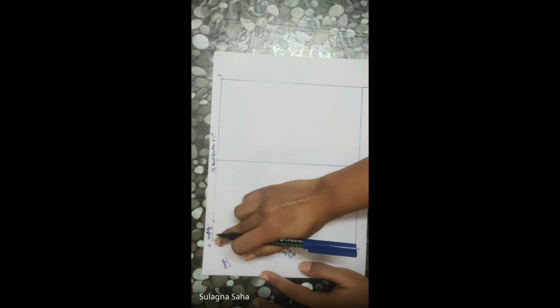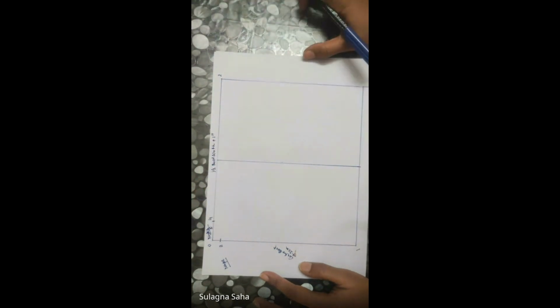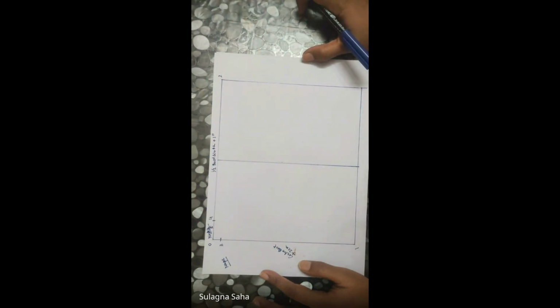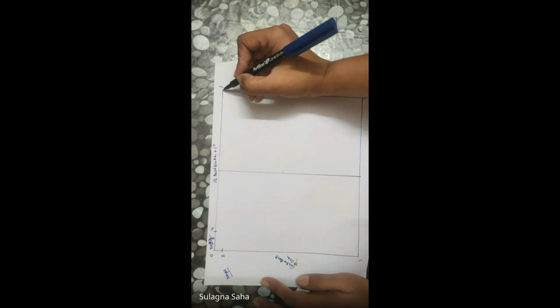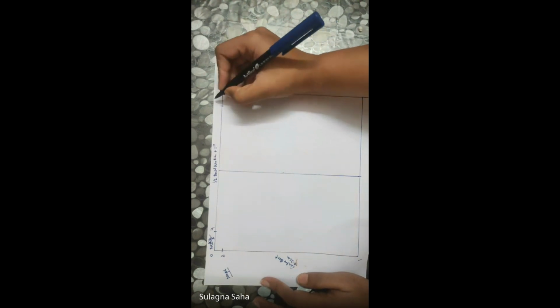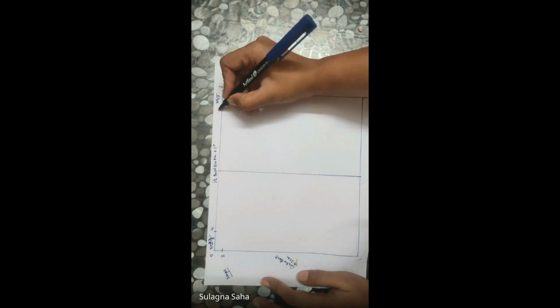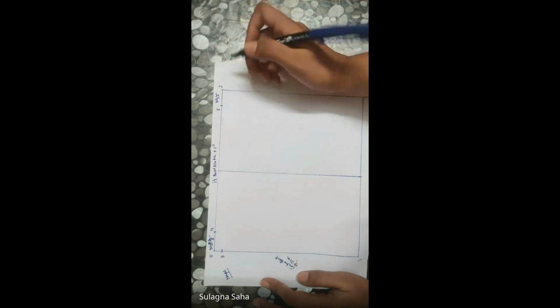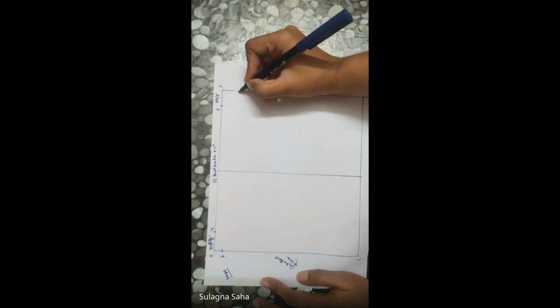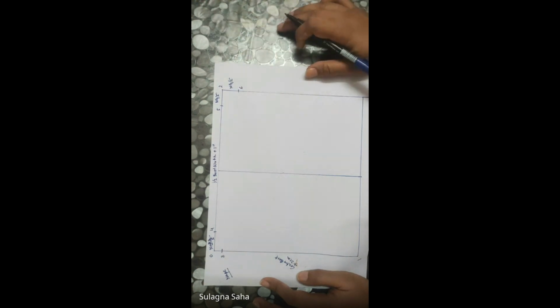We are going to take a point which is neck girth by 5. Let's mark this point as 4. We are going to do the same for the front as well. So from 2, we will mark another point which is neck girth by 5. Let's mark this point 5. From 2, we are going to go down and again mark neck girth by 5. Let's mark this point 6.